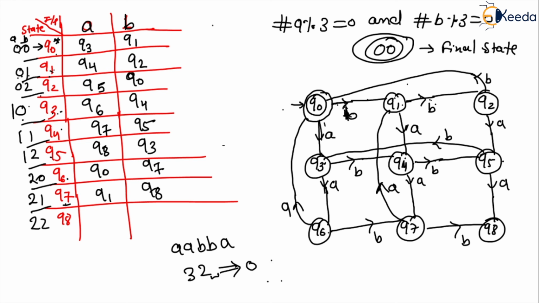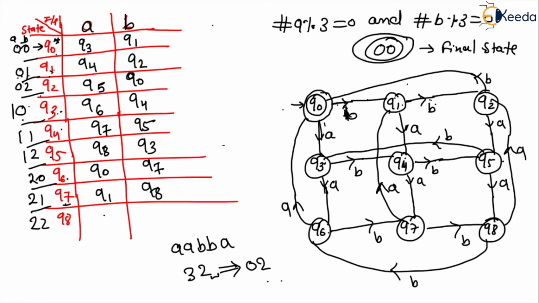Number of B is 2, that is less than 3, so remainder is 2. So 0, 2 is the state on input A. What is the state for 0, 2? That is Q2. So on A input it goes to Q2. Got it. And similarly you can check on B input it goes to Q6.